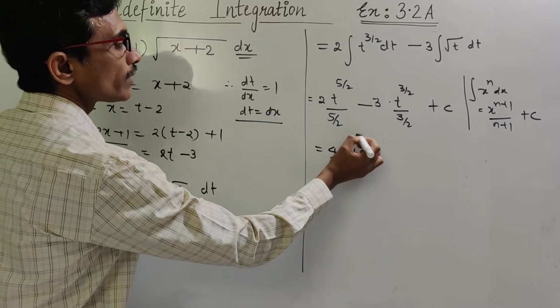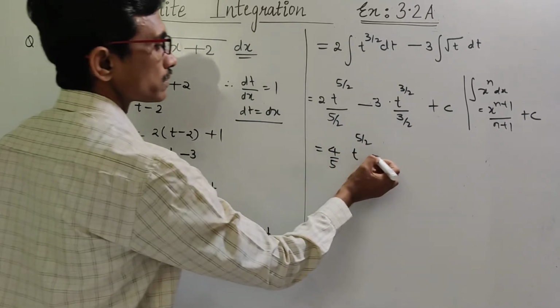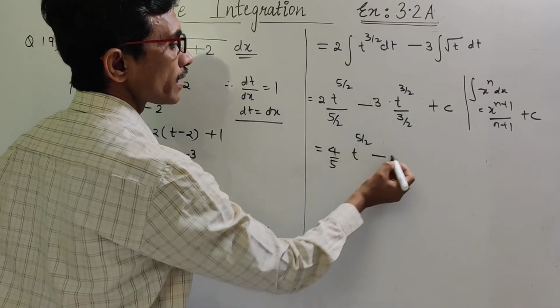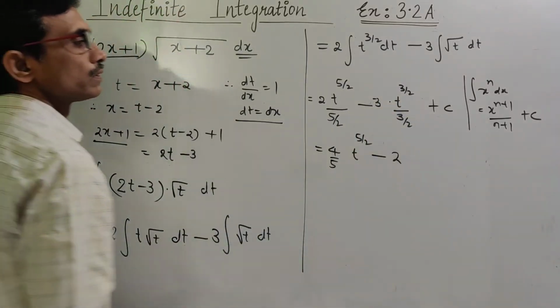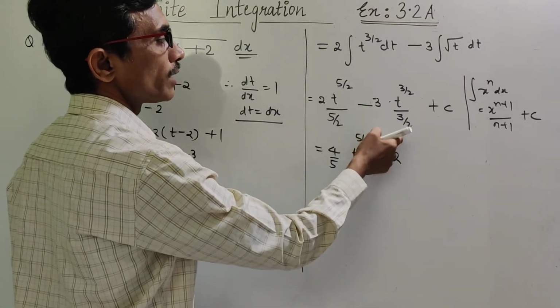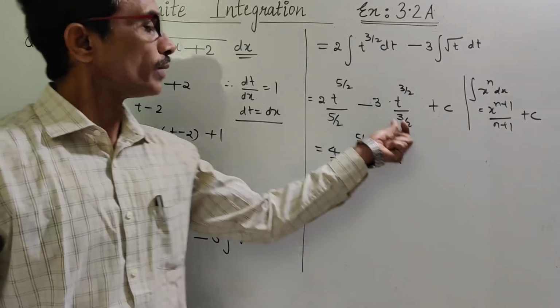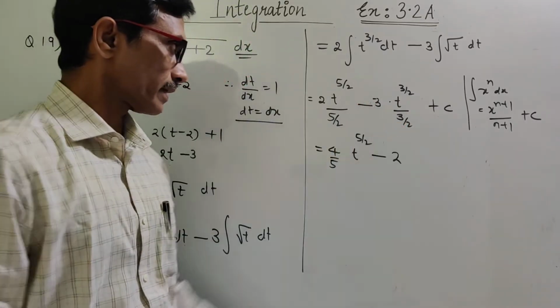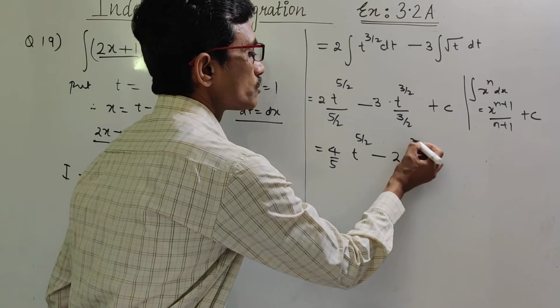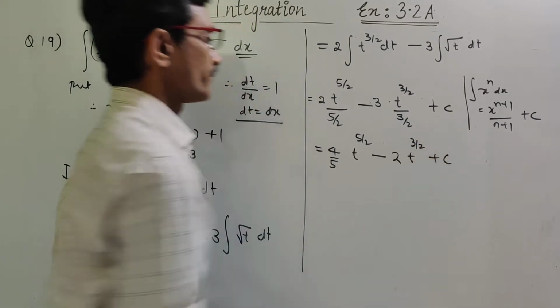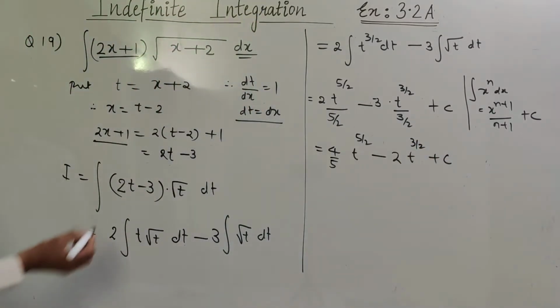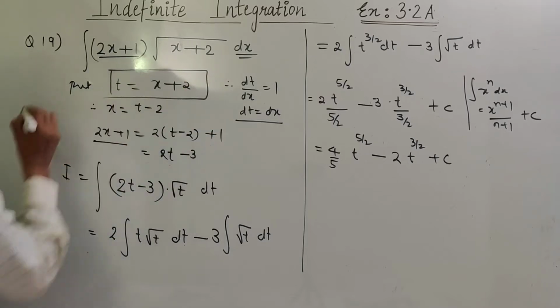t raised to power 5/2 minus, the 3 will get cancelled and it is 2. 3/2 in the denominator, that will be what? 2/3. So 3 is getting cancelled and it is t raised to power 3/2 plus c, where t is equal to x plus 2.